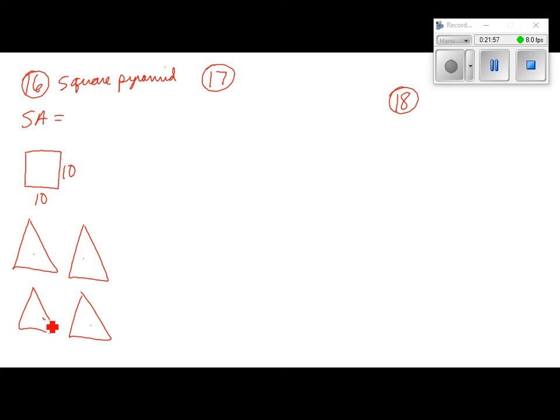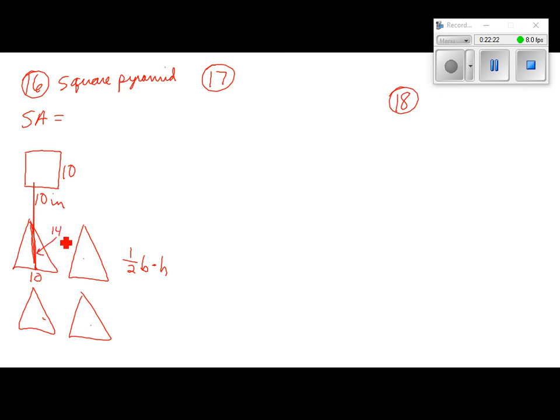And remember the formula for the area of a triangle is 1/2 times base times height. Well, in each one of these triangles, this is 10. That's inches. And then what comes down the side of the pyramid is called the slant height. And that slant height this time is 14, they tell us.